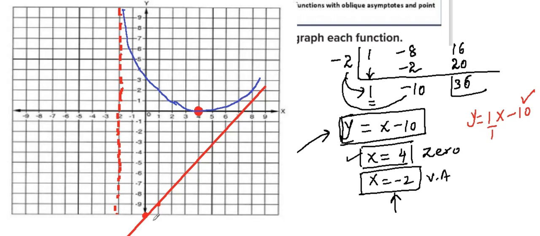So one parabola is up and one parabola is down. It will be like this. Basically they will not give you the graph, but you should have an idea of how to draw the graph. So this is a vertical asymptote, this is an oblique asymptote. If I show you the rough diagram, it is like this.